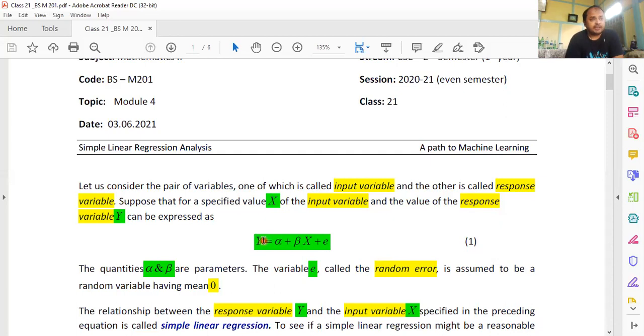And if I want to find a linear relationship between these two, because experience tells us that if a student increases his study hours, his result is definitely going to improve. But it's not always the case, because if a student sits for as many hours as he can with his books open but his mind roaming here and there, then that is a different issue.